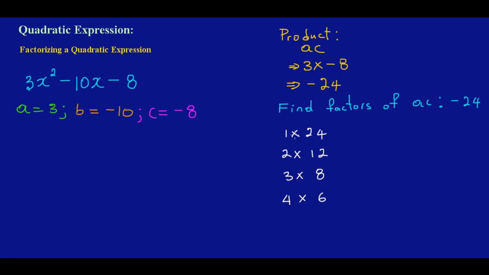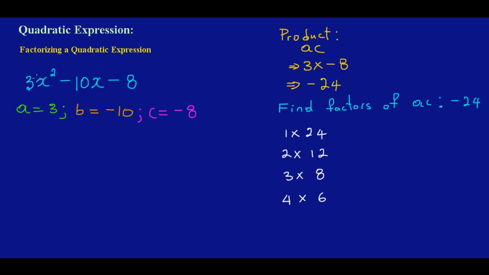Now the interesting thing is that we need factors that, when we multiply them, we get negative 24, but when we add them, we must get negative 10. That's the key thing here.